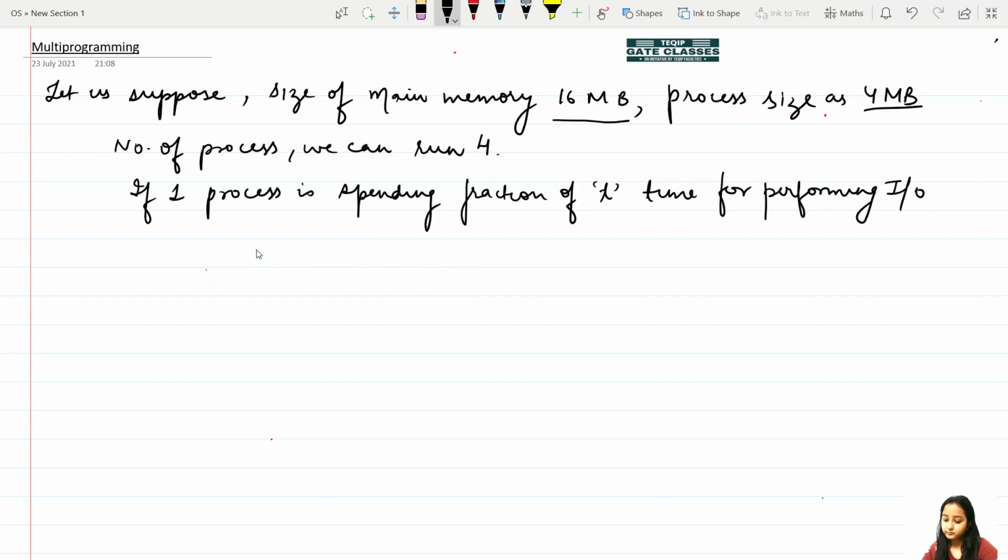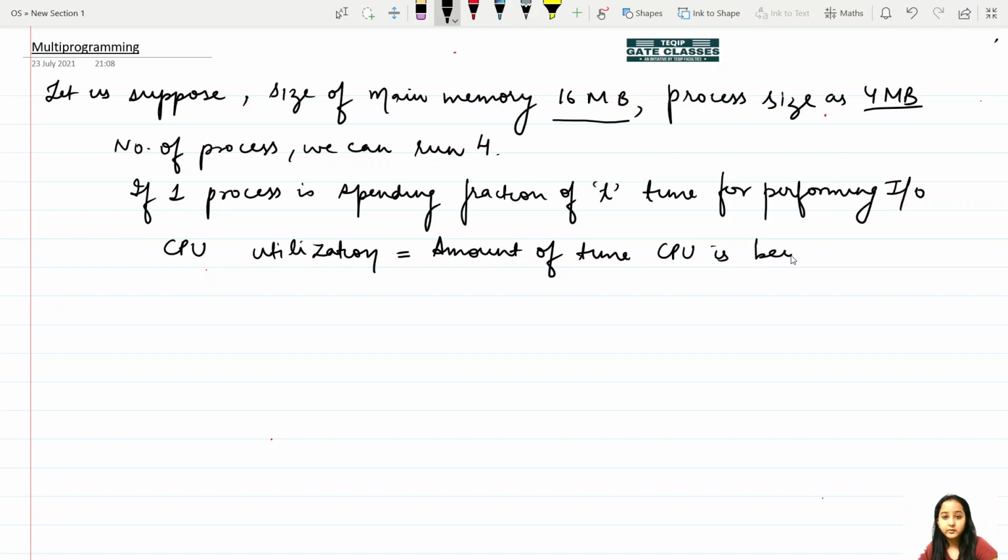Then what is the CPU utilization? CPU utilization is calculated as the amount of time the CPU is being used to run the program.